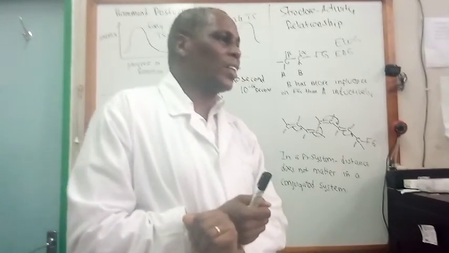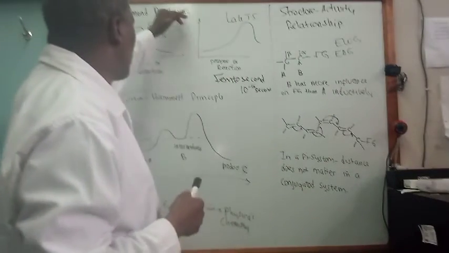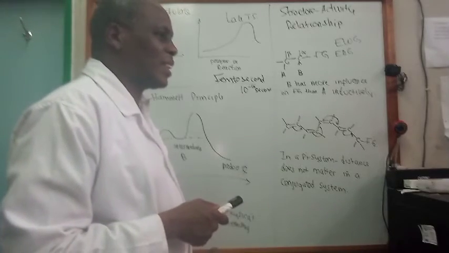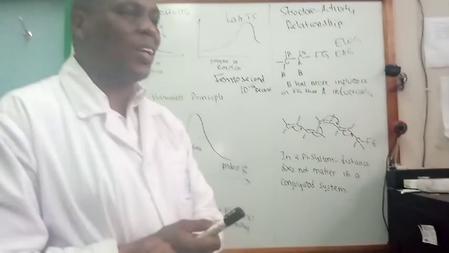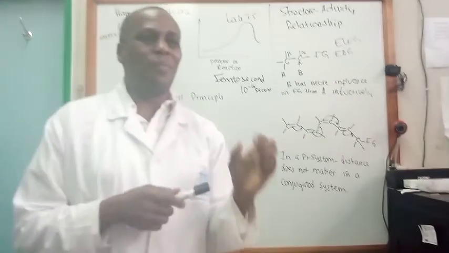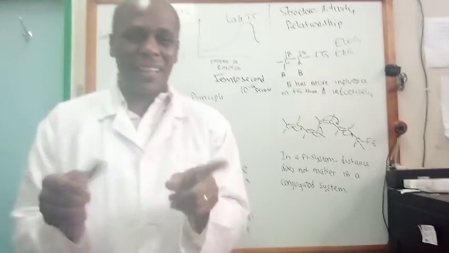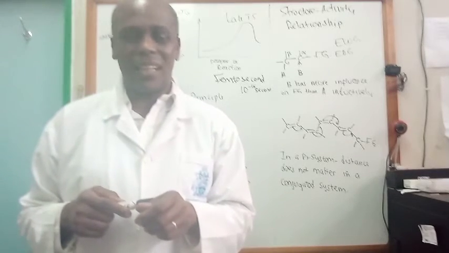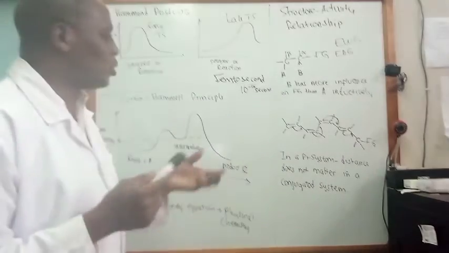Later we're going to be looking at these structures which are based on benzoic acid. Benzoic acid has a benzene ring, and then next to it there is the carboxylic acid. It's called benzoic acid.